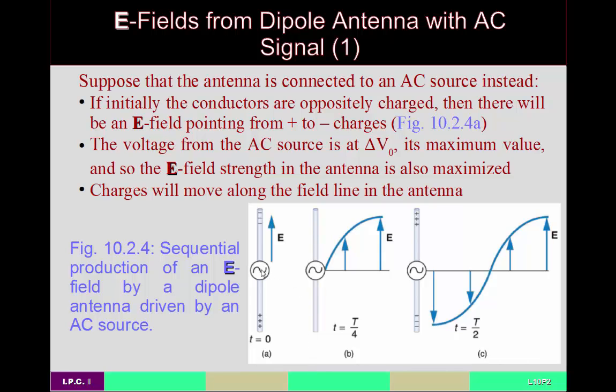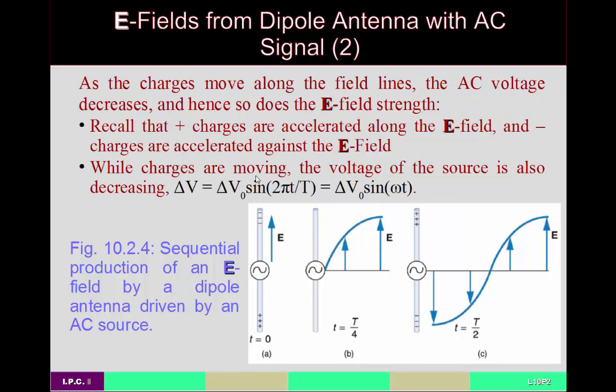Well, if you happen to be right here in the rod, then you sense this as it's happening. But if you were to place some sensor some distance away from the rod, it takes a little bit of time for these to propagate. And so as these things propagate, you get a sine wave in what you detect for your E field out here.